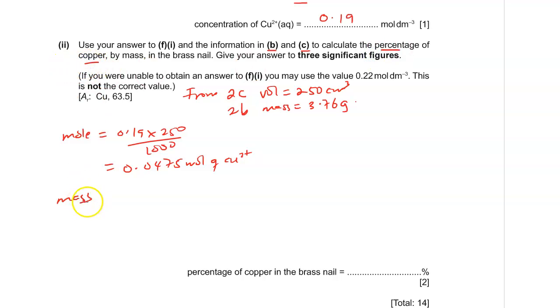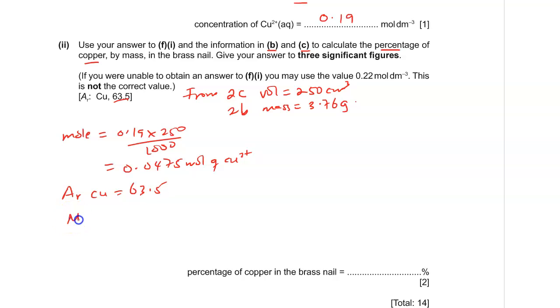So the mass is moles times Mr. The relative atomic mass of copper is 63.5, given here.